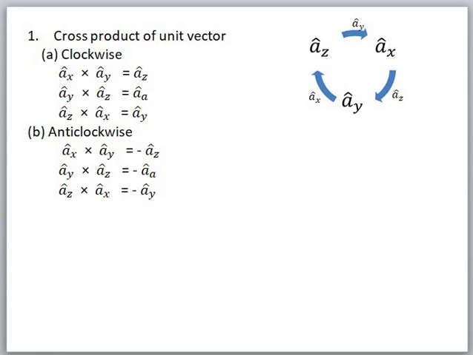Now follow the clockwise cross product of unit vectors. We take this unit vector and this unit vector.